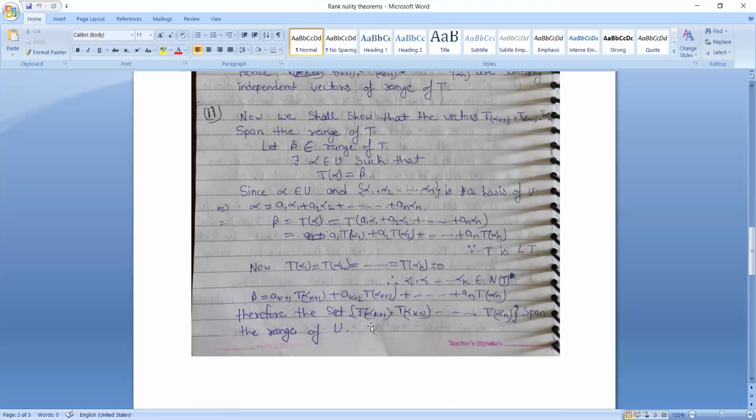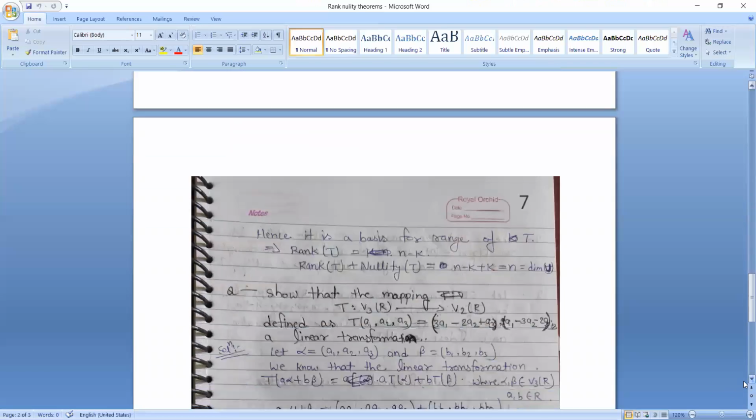Therefore, the set T of alpha k plus 1, T of alpha k plus 2 and so on T of alpha n spans the range of T. Hence, it is the basis for the range of T.